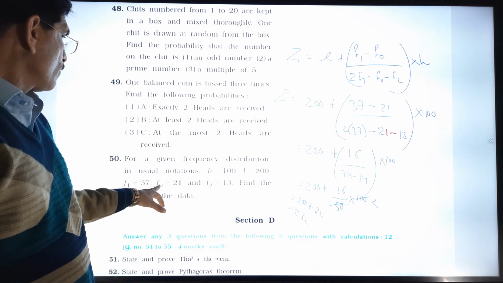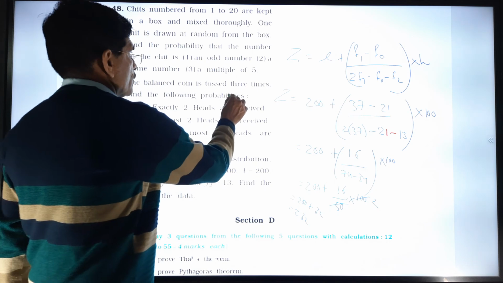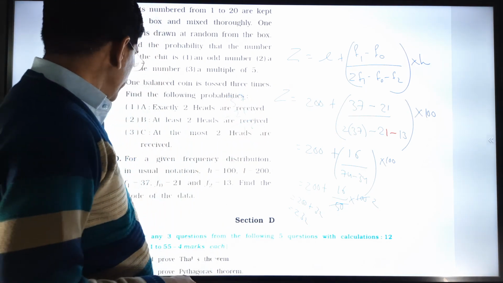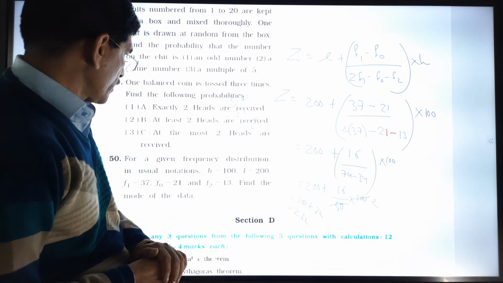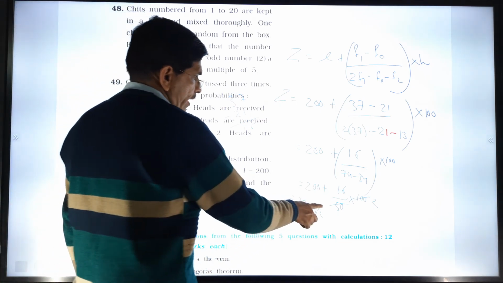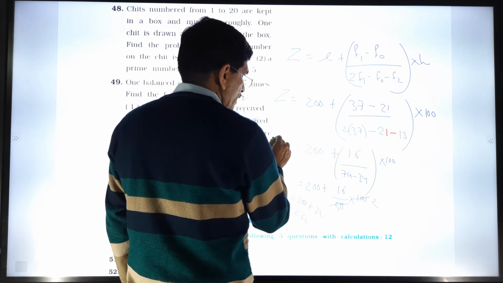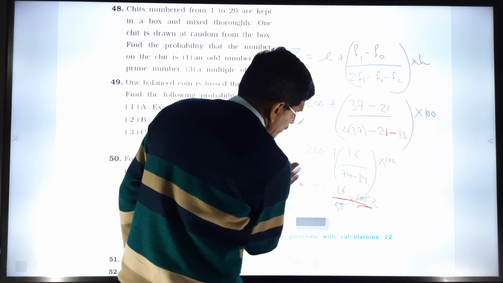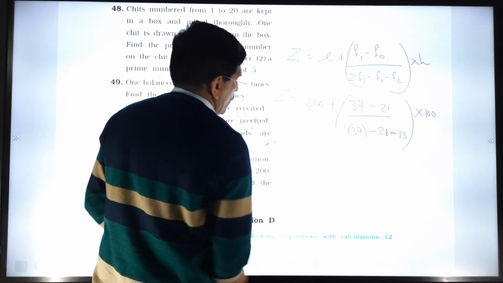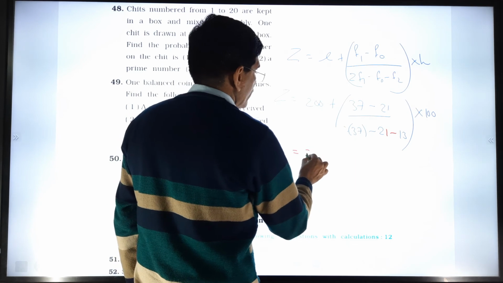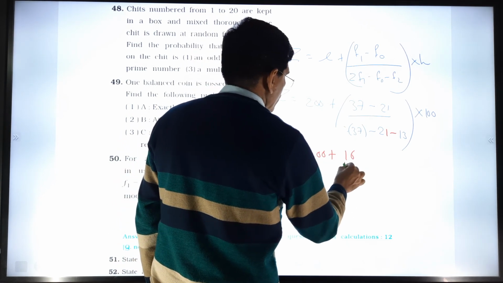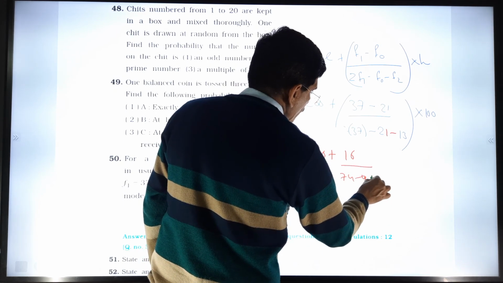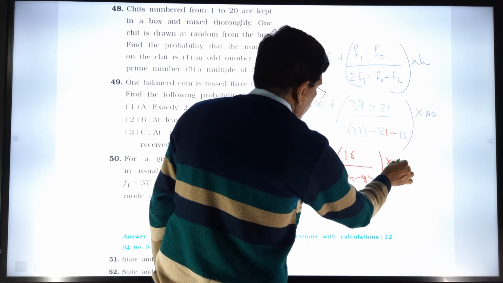So F1 is 37 and F0 is 21, so 37 minus 21 is 16. Again, what is the class difference? Okay, yes, here we are making a mistake: 74 minus 34 is 40.